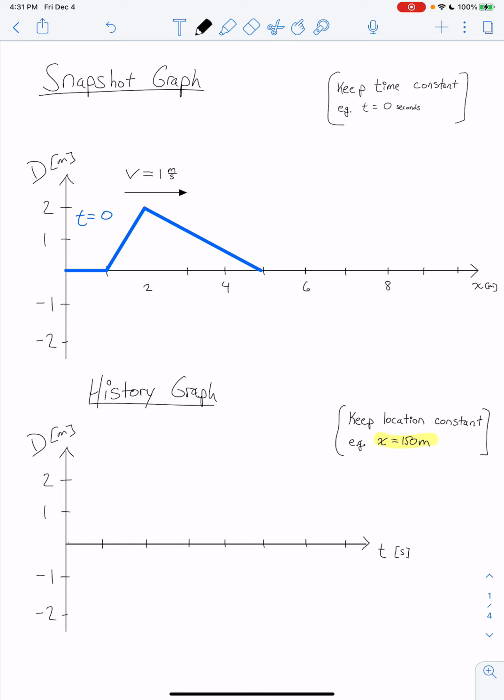Does that make things difficult? Nah, it just means that we have to think about how we do this mapping again. And it really means we're not going to be drawing out all those snapshot graphs again. We're really going to think about, well, how long until the start of the wave reaches 150 meters.